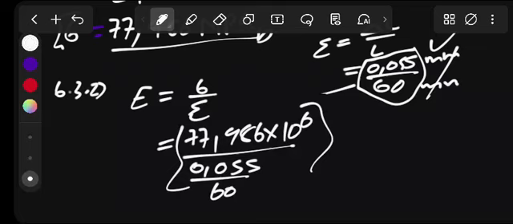You see, now at least maybe I will get something that makes sense, guys. 98.6 times 10 to the power of 6 divided by 0.055 divided by 60.